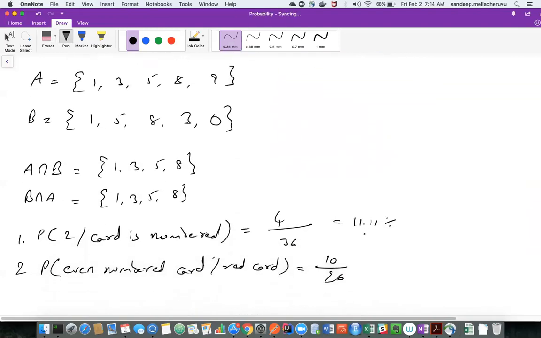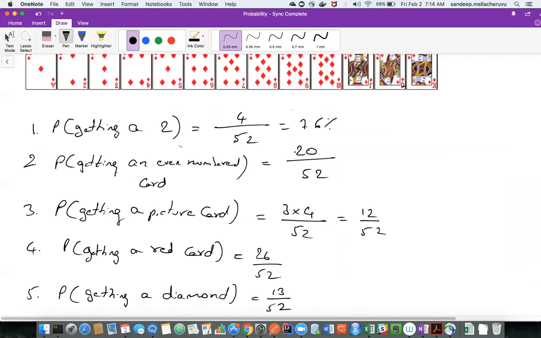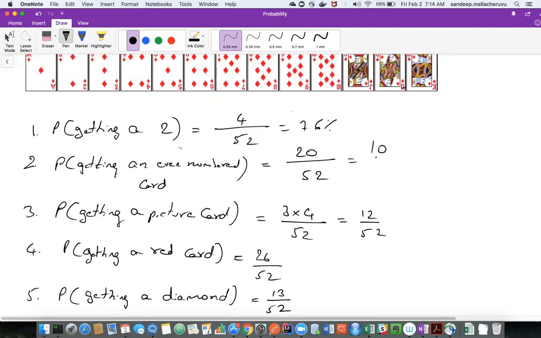But in a few cases, what happens is this 10 by 30. Can you reduce this into 10 by 26? If you cancel by 2, this is 10 times, this is 26 times. You can do that, right? Yes. So sometimes probability remains the same, but it won't get reduced at least.